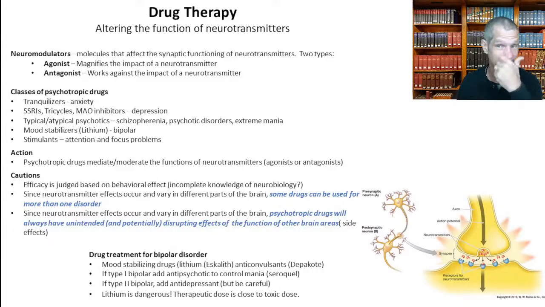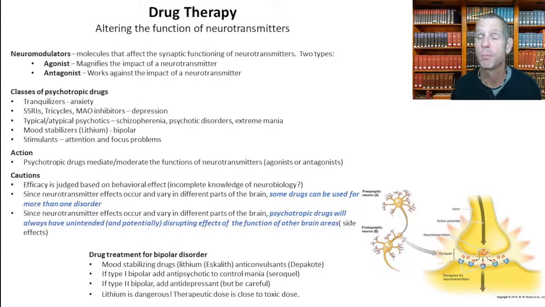And just like those illegal psychotropic drugs, there are legal psychotropic drugs that we use to treat psychological disorders. So we have tranquilizers like Xanax, which help people who are suffering from anxiety. You might take selective serotonin reuptake inhibitors, SSRIs, tricyclics, or MAO inhibitors for depression. We have antipsychotics, old school ones like Haldol and Thorazine, which are called your typical antipsychotics.